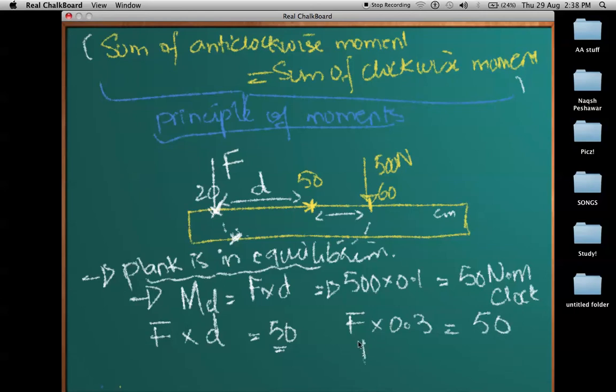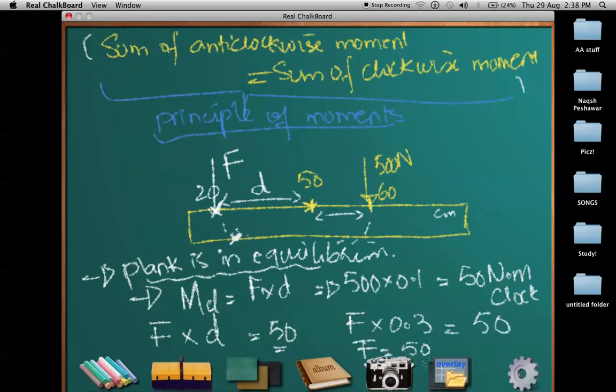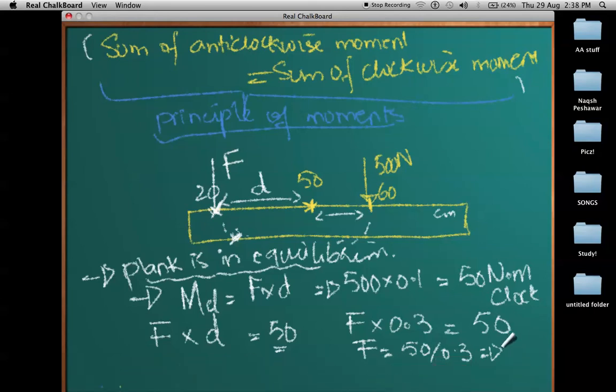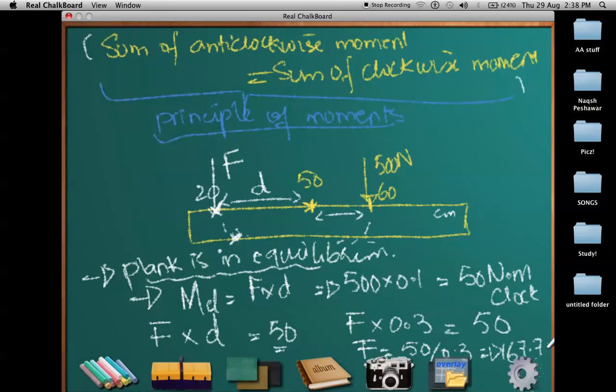Now you can calculate F equals 50 divided by 0.3, and this would give you 167 point something like this, 167.7 newtons.